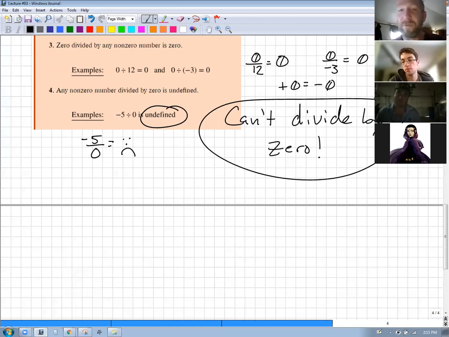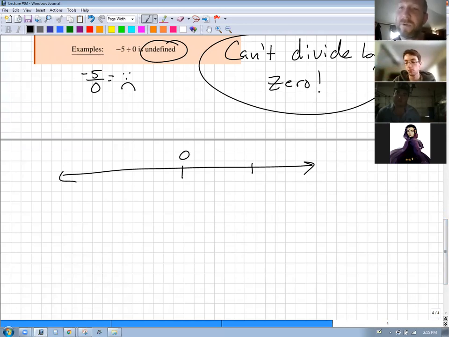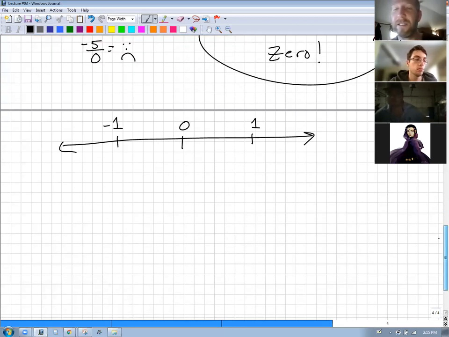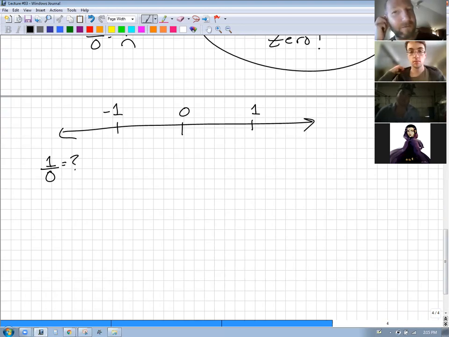Let's look at numbers really, really small real quick. So here's our number line. Here's 0, here's 1, here's -1. I did this example last time, but I think it's important to do it a couple of times. So let's say I'm taking 1 and trying to divide by 0. What is that? Well, we already said it's undefined. To find out why, let's look at numbers really, really close to 0.